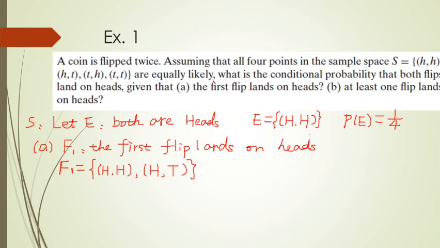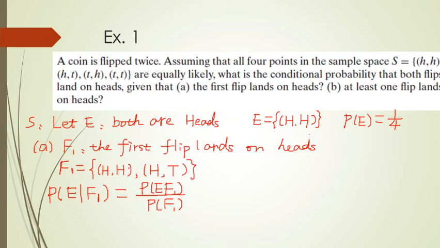Now, what is the question asked given the event F occurs? They ask, what is the conditional probability both are head, given the event the first one is head? Given that the first one lands on head, according to the conditional probability definition, that will be the probability of E and F1 over the probability of F1. As I said, the F1 becomes a new sample space.